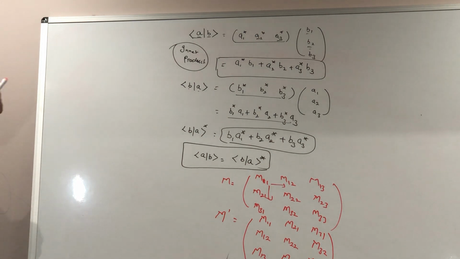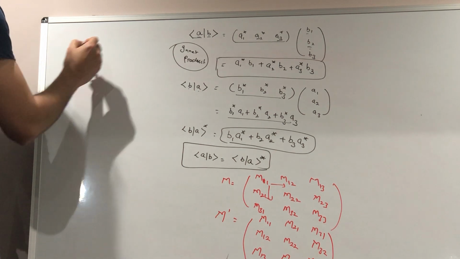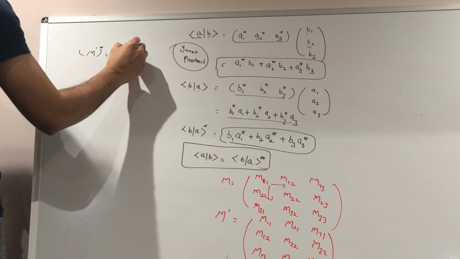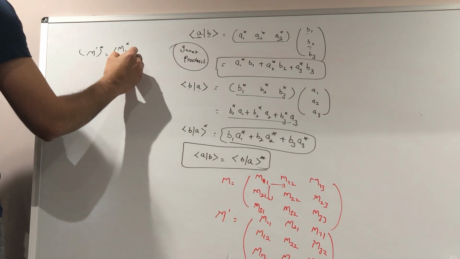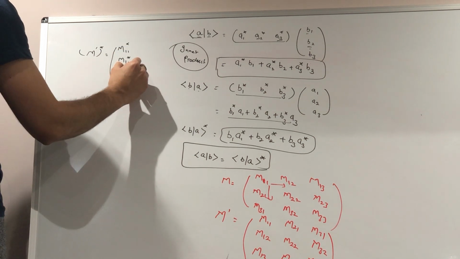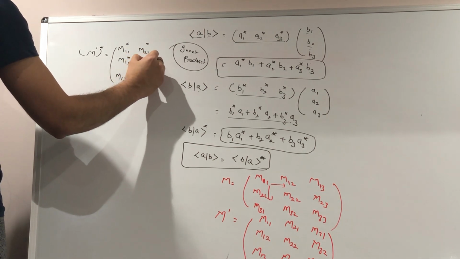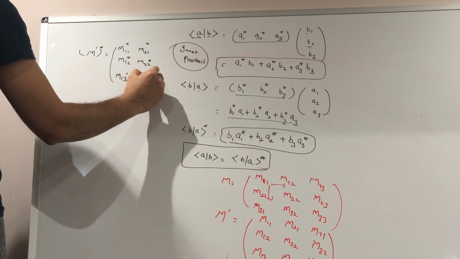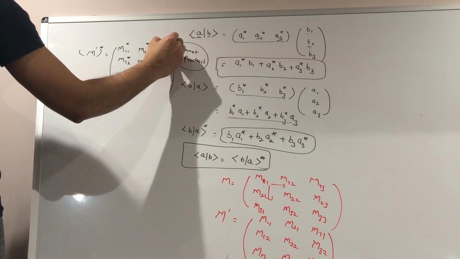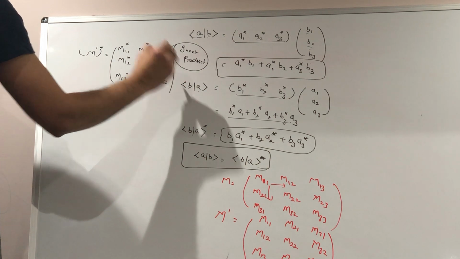So when I write this matrix M transpose, I'll take the conjugate of this matrix. What I will be getting is M11 conjugate. I will take the complex conjugate of each element here. So you see, I'm taking the complex conjugate of each element.